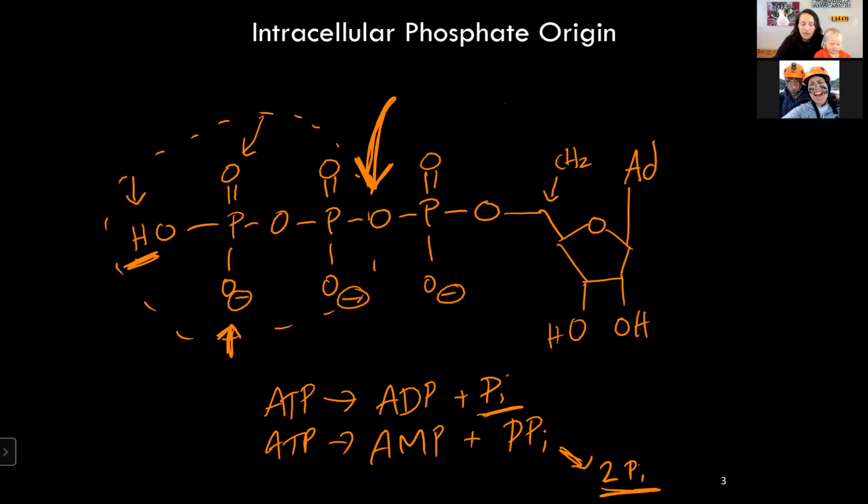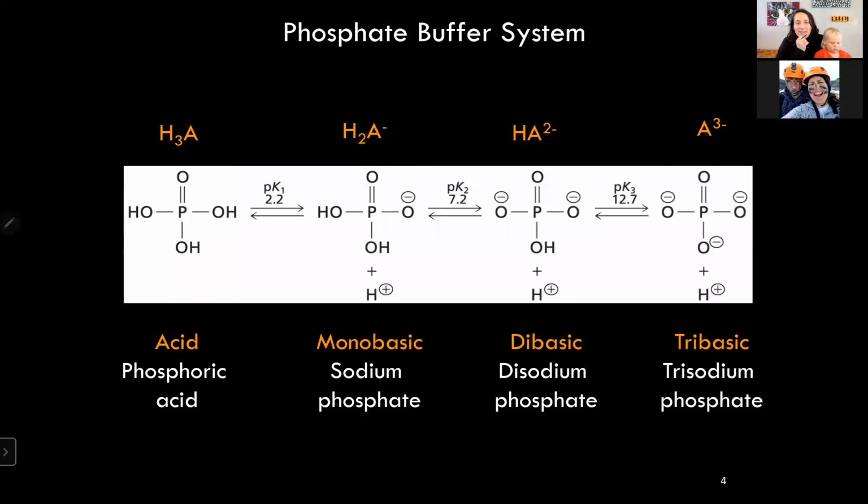And now if we draw a free phosphate, you should use the idea that anything in solution, free phosphate, you should see 2 hydrogens and 1 negatively charged.